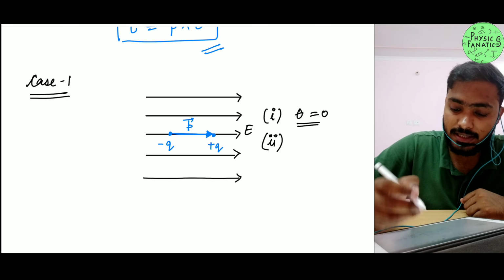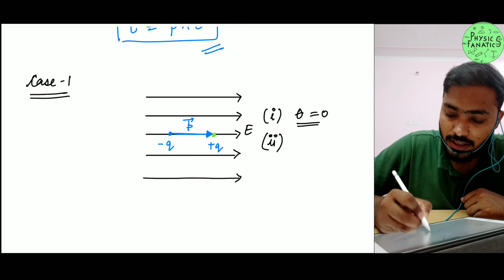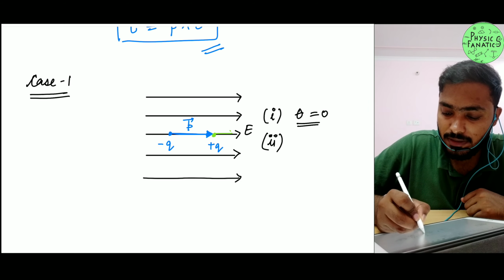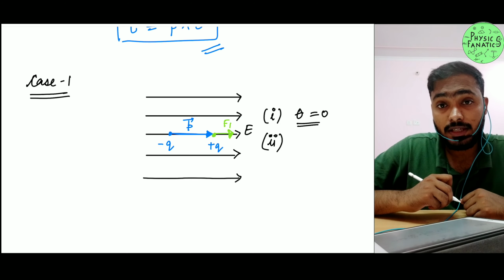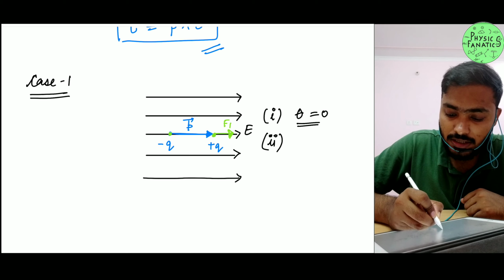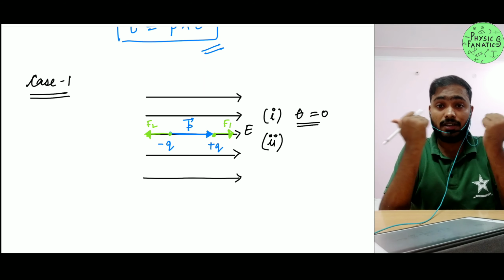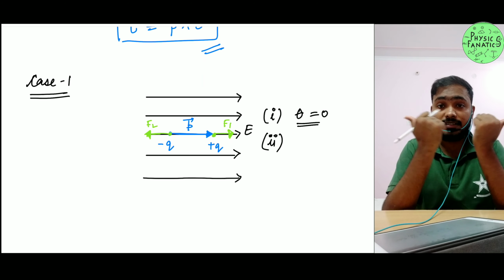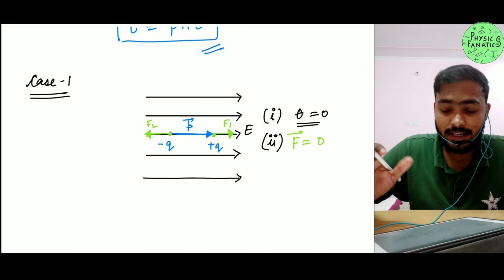Because of the positive charge, it is going to experience a force along the electric field. Because of the negative charge, it is going to experience a force in the opposite direction. This will be F2. The forces are equal and opposite, so very nicely I can write the net force is actually 0.